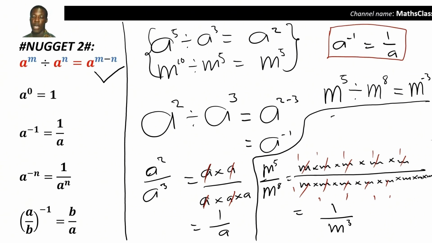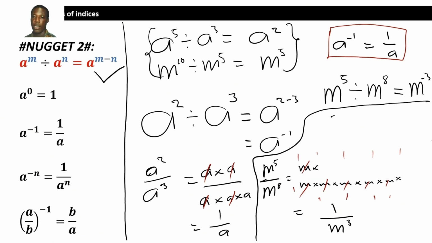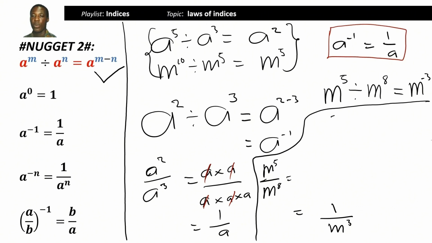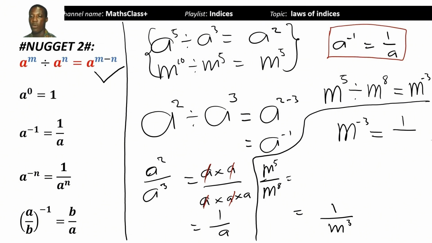So what conclusion do you draw? If I clean this and write it here, we have m to the power negative 3, and this is the same as 1 over m to the power 3.